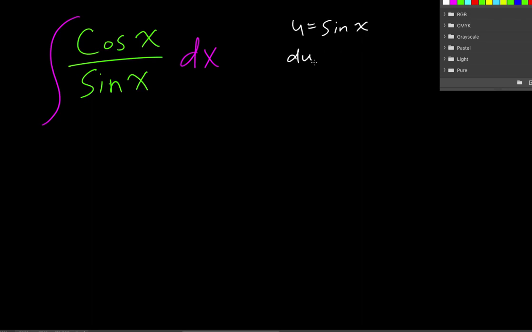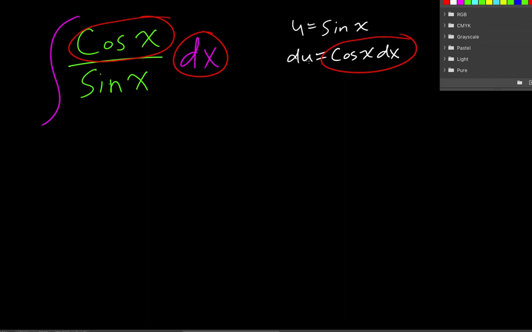And so I take the derivative of that. Derivative of sine is cosine. And so I need to find cosine and dx. Cosine dx, and that becomes my du. Okay, my sine becomes my u. So it's 1 over u. And then I still have my integration sign.